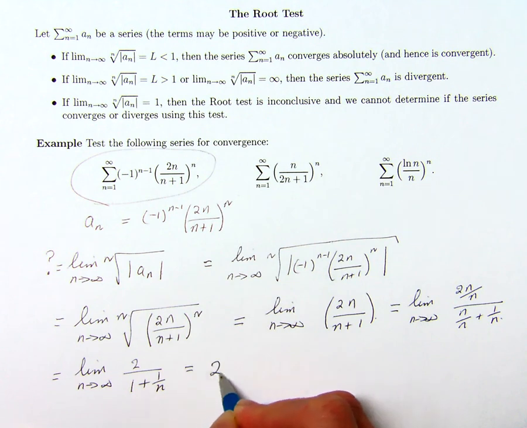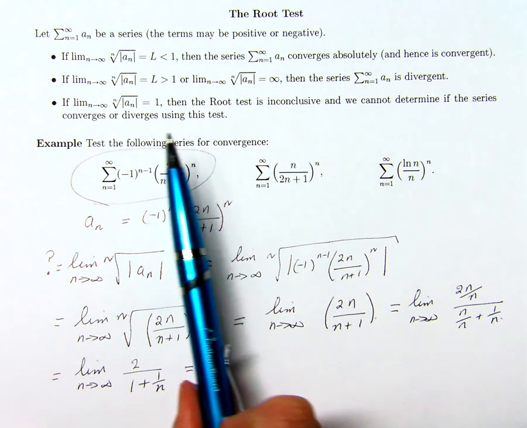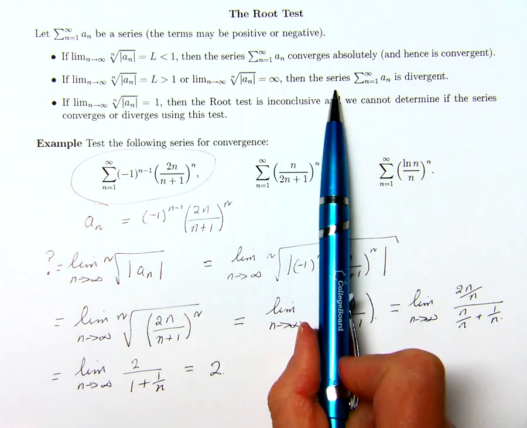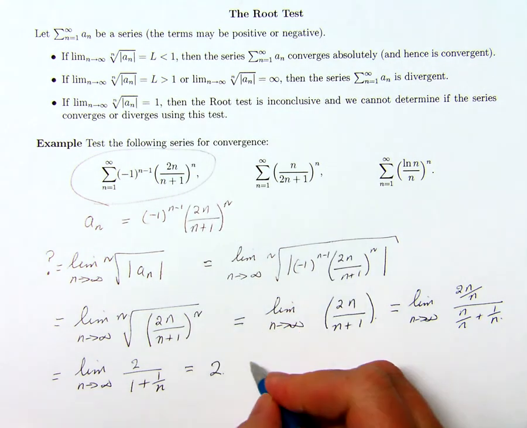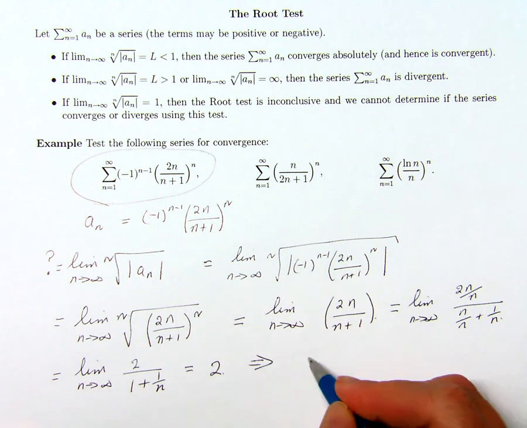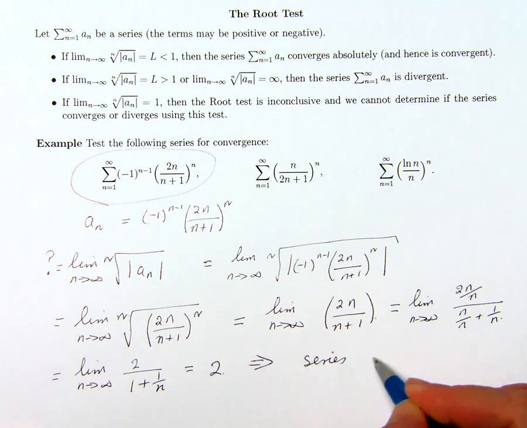So this goes to 2. Now what does the test say? It says if I calculate this L and it's bigger than 1, then the series diverges. So this implies that the series diverges.